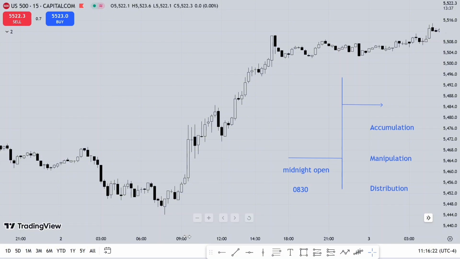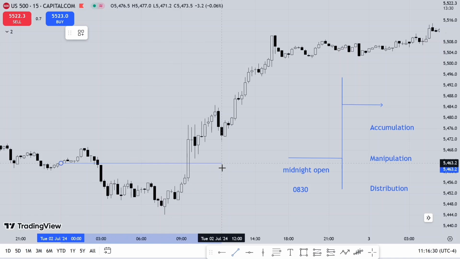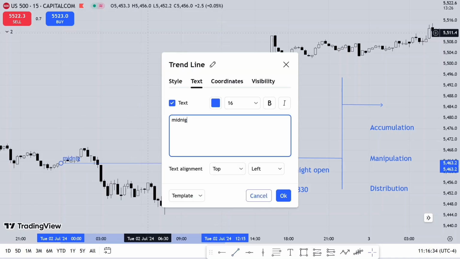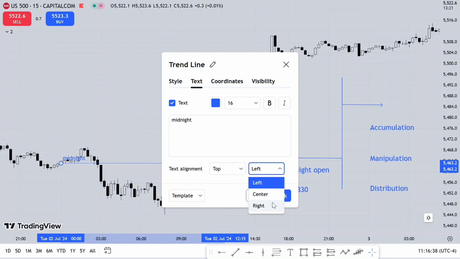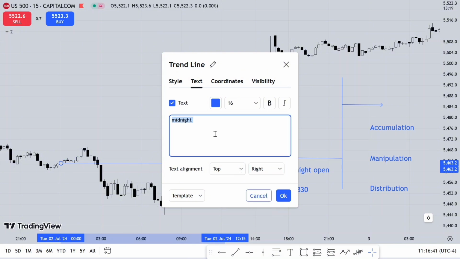So when trading, you map out your opening price. This is the opening price where the accumulation takes place. This is your midnight open. So here, you have your midnight opening price.